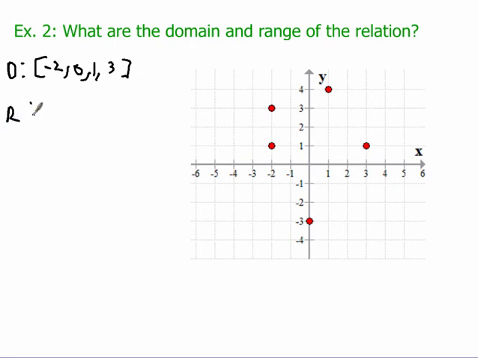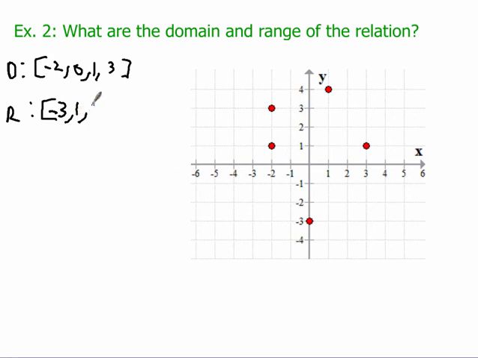For the range, I'm going to do the same thing. I'm going to start at the lowest and move my way up. Right here, negative 3 is my Y value. Right here, 1 is my Y value for both of these points. Once again, I don't have to write it twice.